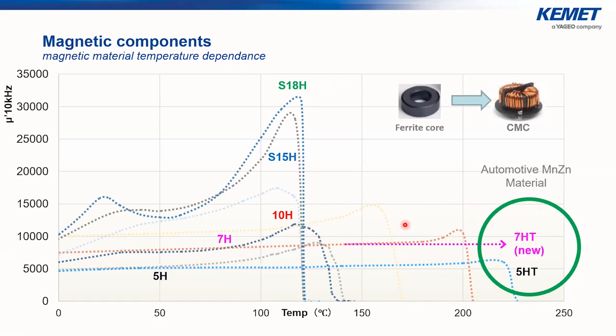If temperature is not the most critical part and we are more focused on miniaturization and increasing power density, then we can provide solutions with our S15H and S18H. Just for your information, when we compare the permeability of these materials with those existing in the market, we have 13 to 40% better permeability.